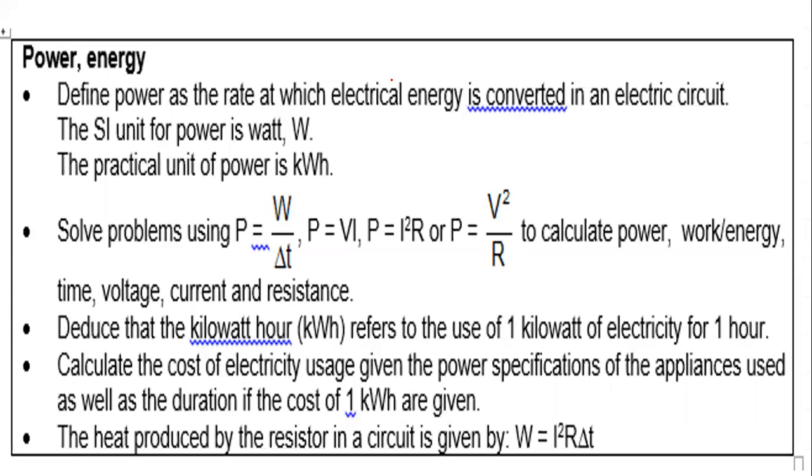And then we must know the practical unit of power, and we know the practical unit of power is kilowatt hour, kWh. And this is the one that we normally use, for example, when we buy electricity and we do the cost of electricity altogether. So we must know how to apply that practical unit of power.